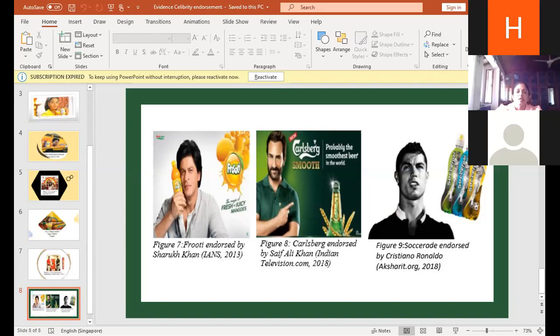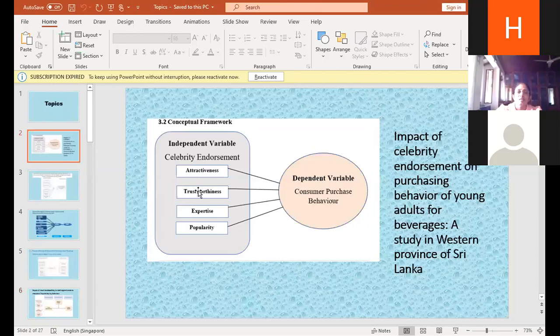Right? So, good ambassador for the product. Right? I'm back again now with the previous slide. So you can see here, these characteristics were brought about by analyzing various theories. You find actually quite a number of theories explaining celebrities' characteristics.